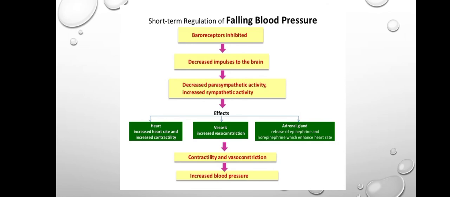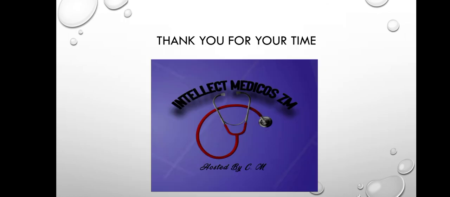When there's stimulation of the vasomotor center, there will be increased vasoconstriction to maintain resistance. As a result of this same sympathetic activity, catecholamines are also produced, which enhance heart rate, contractility, and vasoconstriction. At the end of the day you have increased blood pressure. So that's it about this diagram.